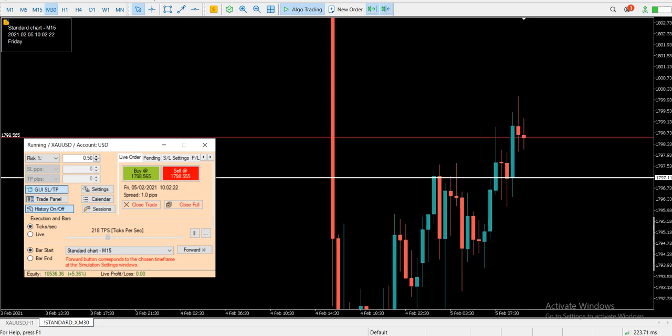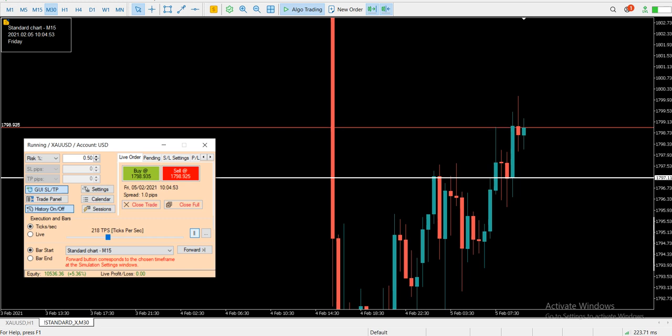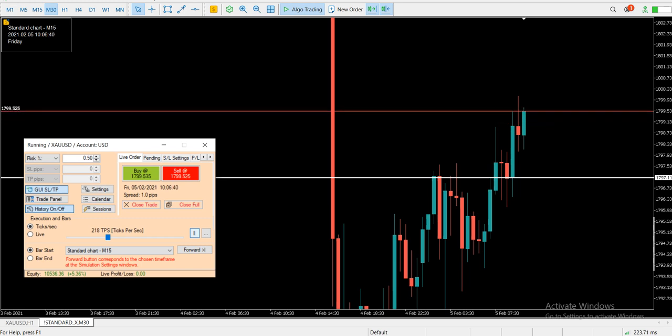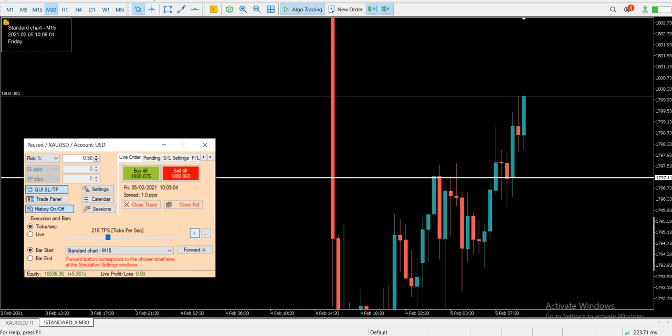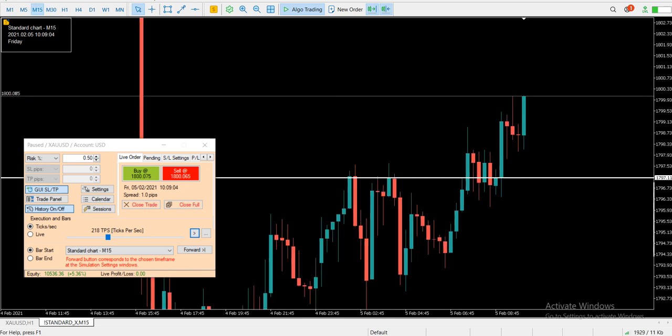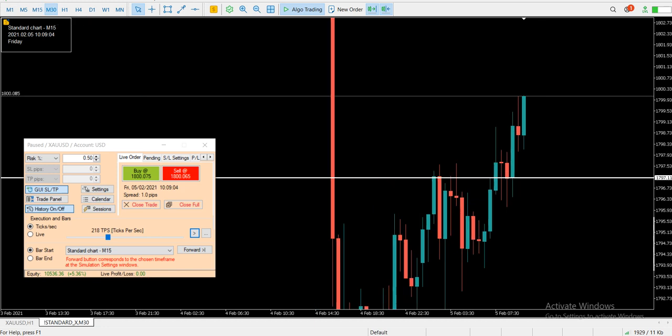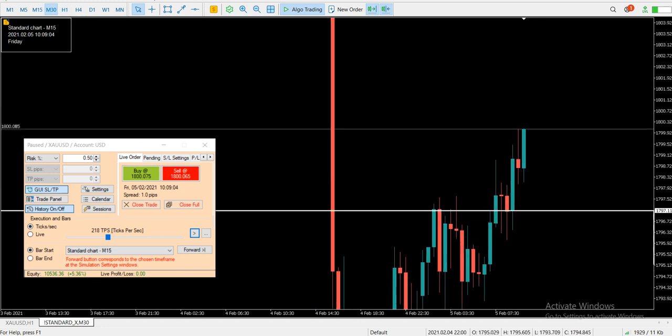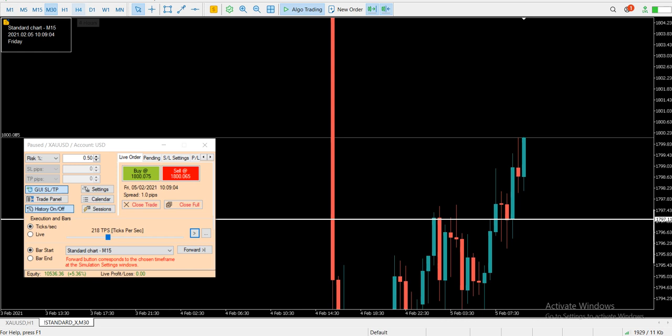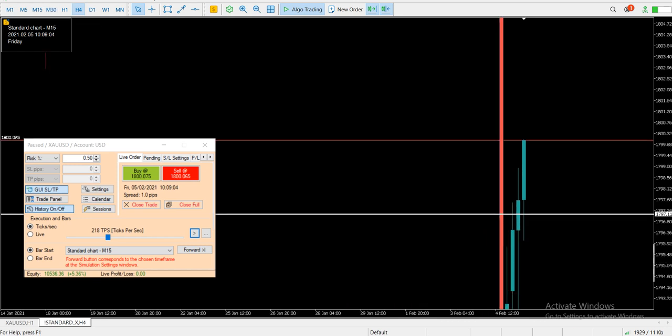Speed it up. And we are pushing up. Let's take a buy right here, because it seems like the 4-hour is pushing up.